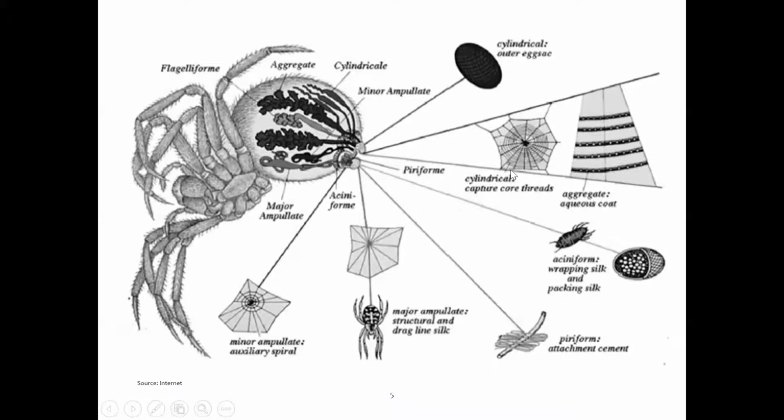We also have the flagelliform gland, which produces the capture core threads. The aciniform glands are used for wrapping the prey which has been caught by the web. Different glands release different compositions of silk with different properties. Some might be sticky, some very hard, some non-sticky.